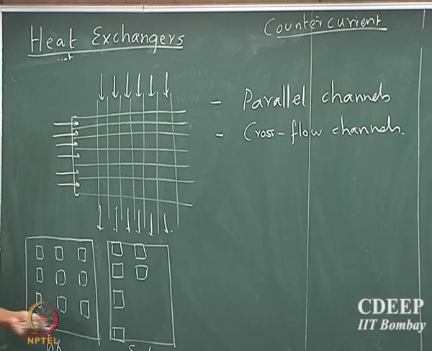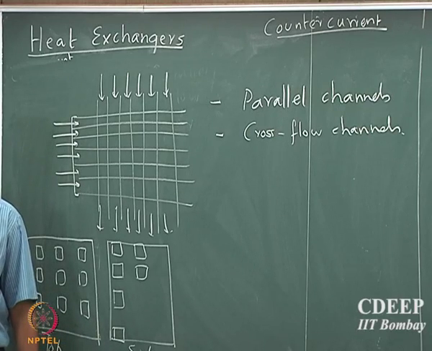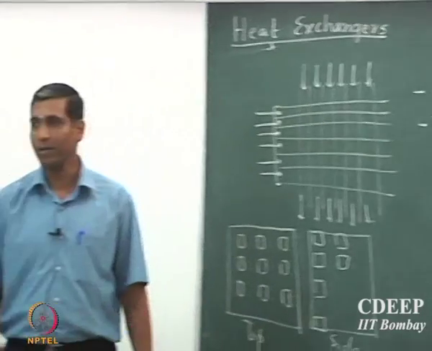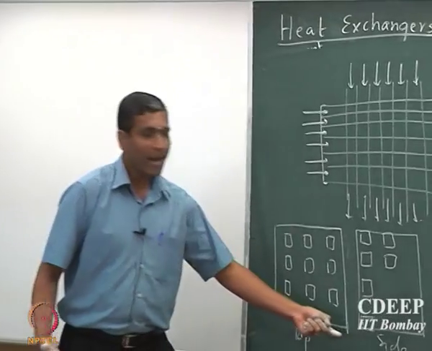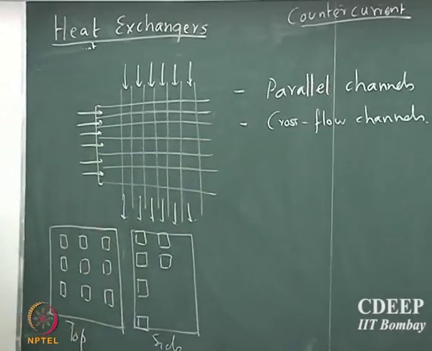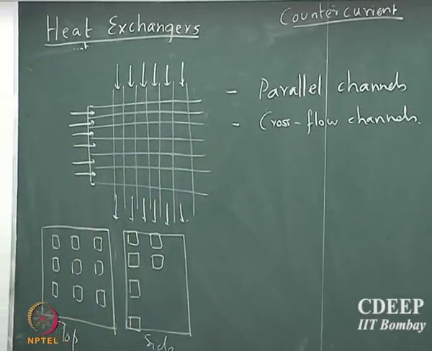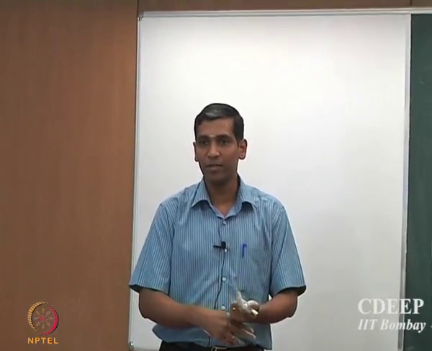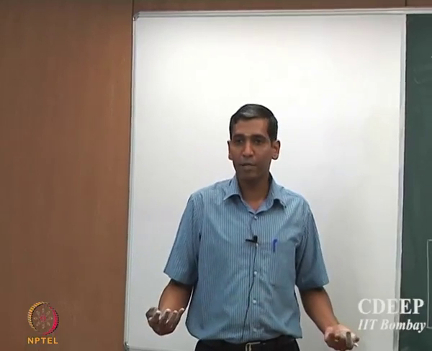So depending upon the properties of the fluid, the flow properties or the momentum transport, you can use different types of compact heat exchangers. For example, if you are exchanging heat between two gas streams or two vapor streams, then you really don't need that much pressure drop.